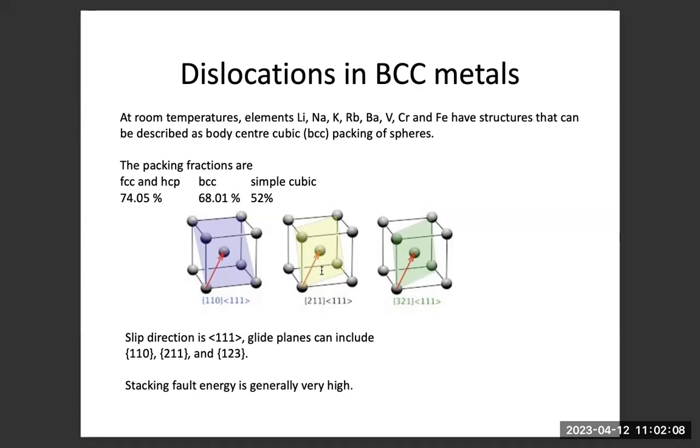So Burgers vector, the slip direction, is always 1, 1, 1. If you look at these planes and directions, the direction is always the 1, 1, 1 direction. But we have 3 different planes. The 1, 1, 0 plane, which is this one right here.